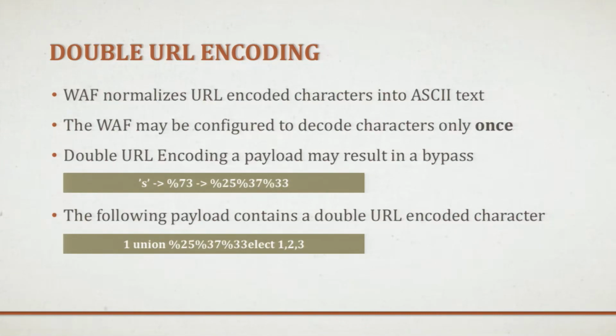If we now add this into our payload, one union select 1, 2, 3, and substitute the S with our URL encoded S, what we can hope for is that the WAF URL decodes it once and then gets a %73, forwards it to the backend, and the backend then URL decodes it again, and we have our payload.